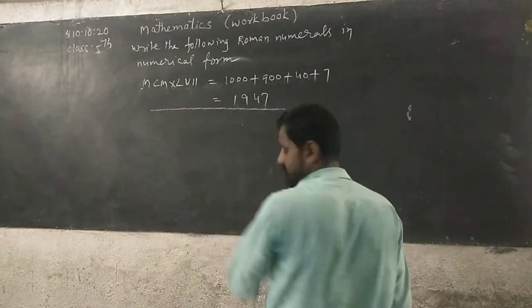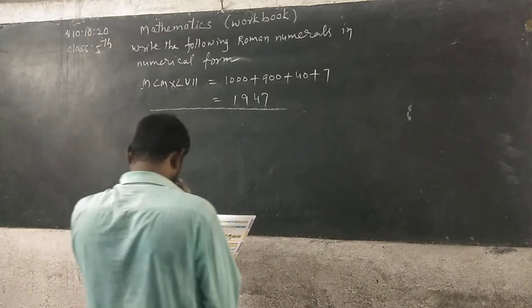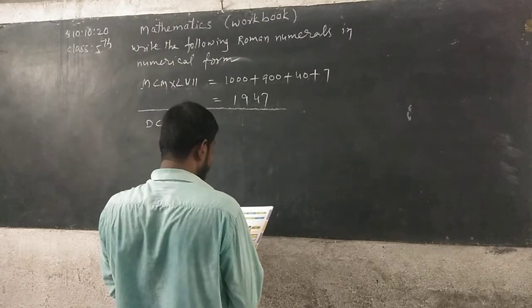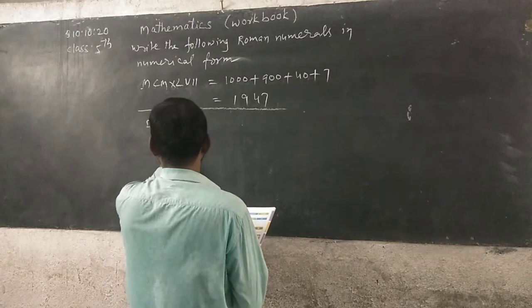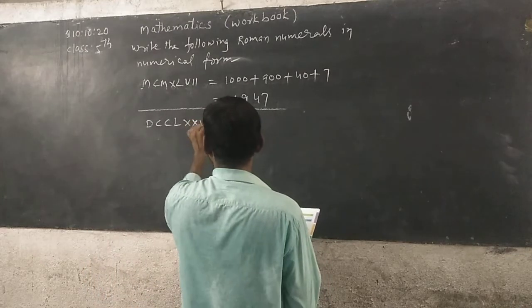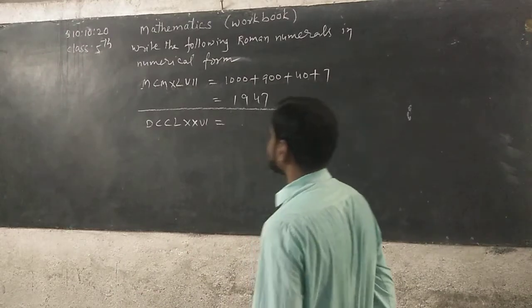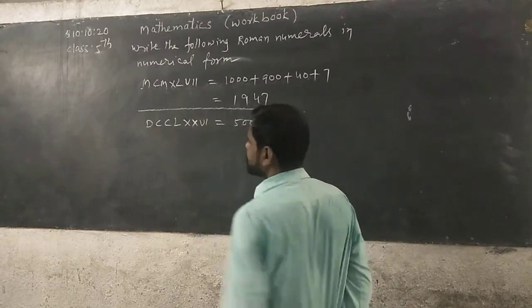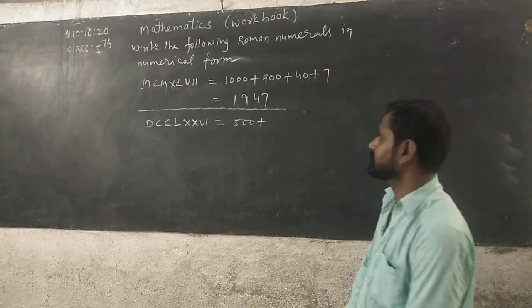Now next, DCCLXXVI. This is very easy. D means 500, plus CC. CC means 100 plus 100, 200.